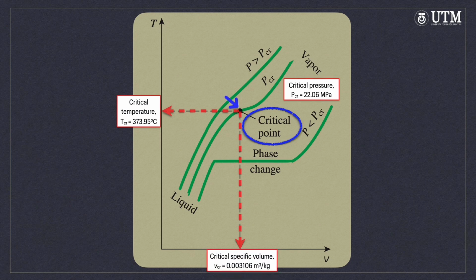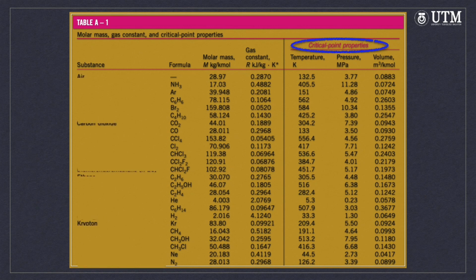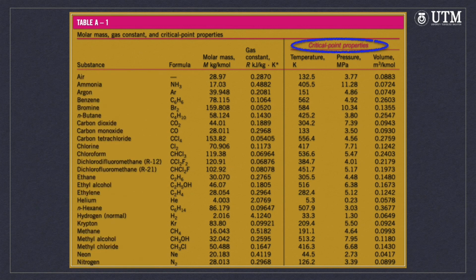The respective critical point water properties are shown in the given picture. The critical properties for various substances are given in Table A1 in the thermodynamics book's appendix.